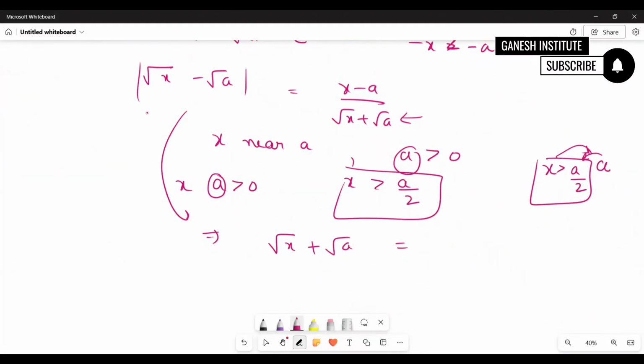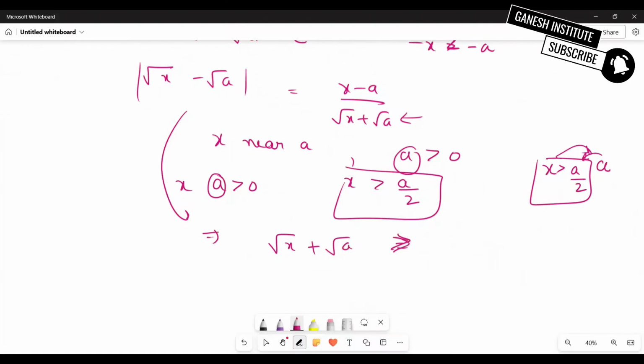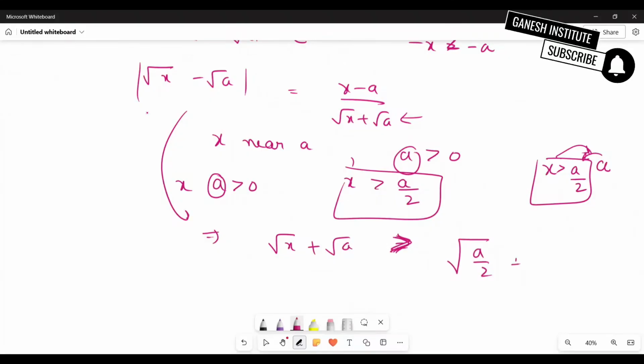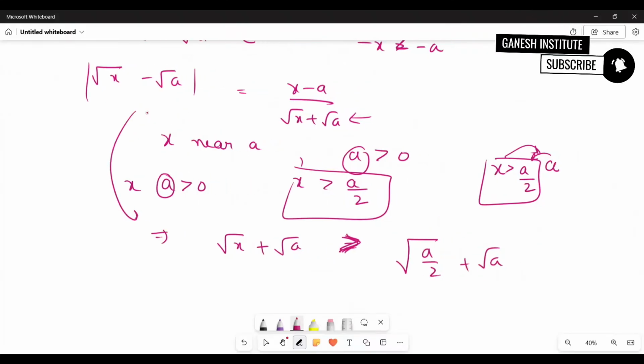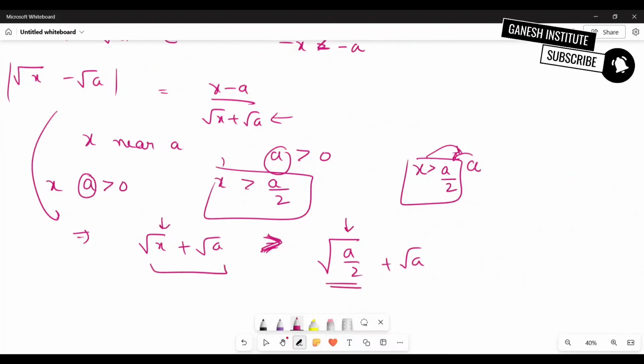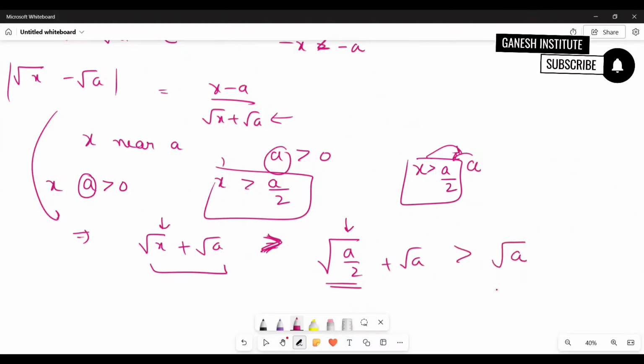If I substitute x as a by 2, it is going to be increasing if I place it in the increasing order. Of course, if I have root x plus root a and x is greater than a by 2, then I can place it here, right? And of course, this is going to be greater than root a.